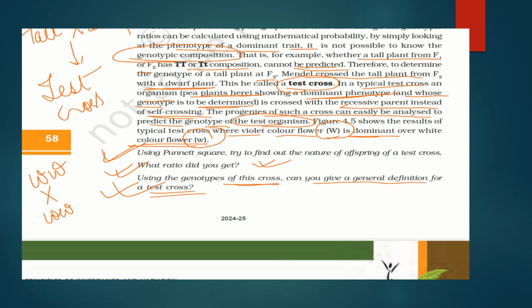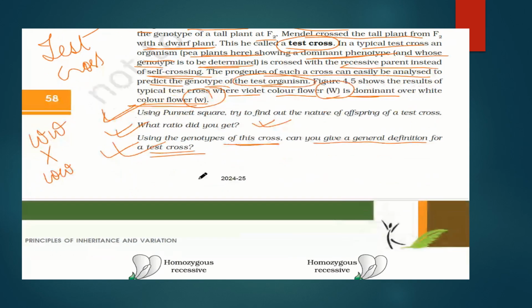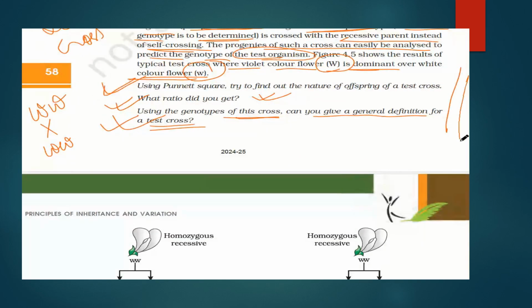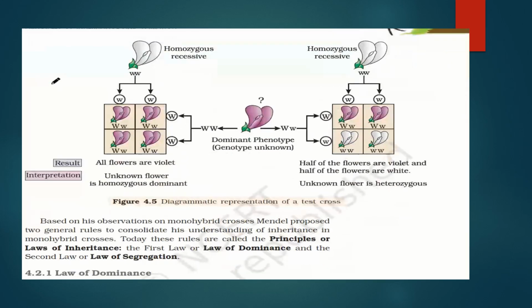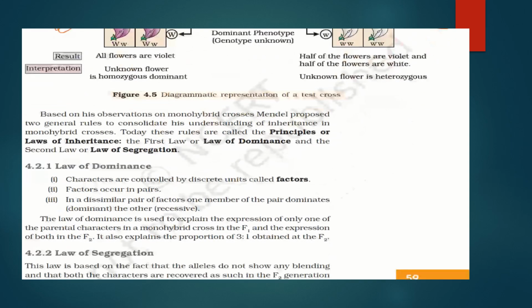So this monohybrid cross, we have done the Punnett square today in detail. So this is what you try to do at home. What we will do in the next class, tomorrow itself, we will be doing this one. So this is the Punnett square. Like this we will do, and based on these observations of monohybrid cross only, Mendel's principles, laws of inheritance, that is the first law of dominance and the second law of segregation, came into existence.